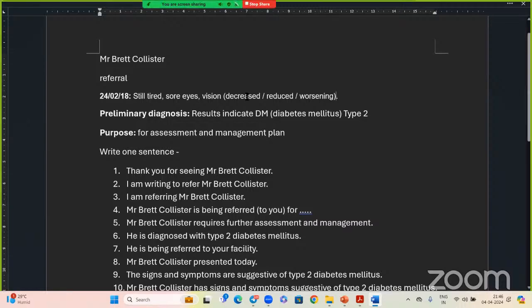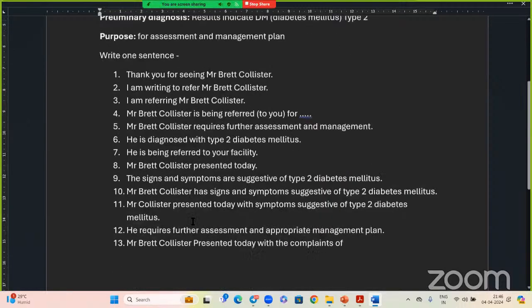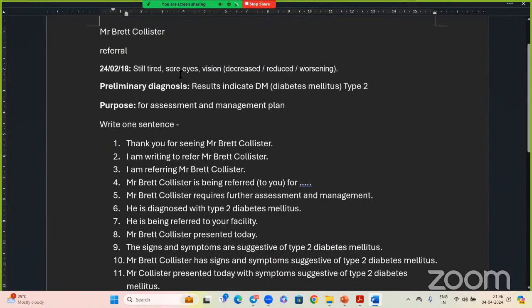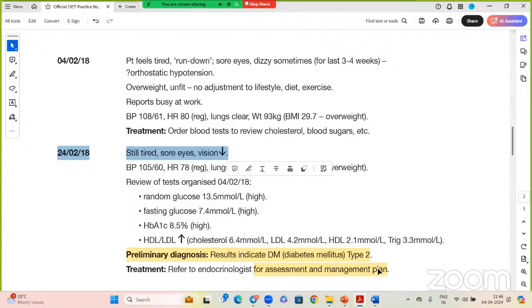Mr. Brett Collister presented today with the complaints of what? Sore eyes and decreased vision, or reduced vision, or worsening vision.